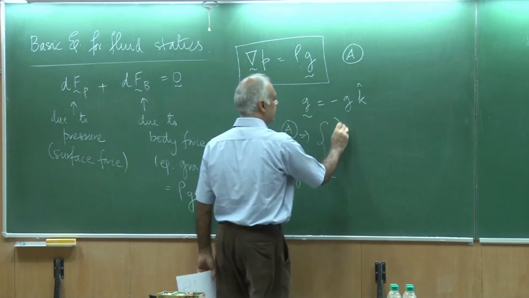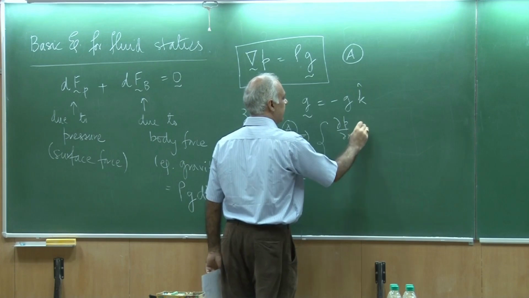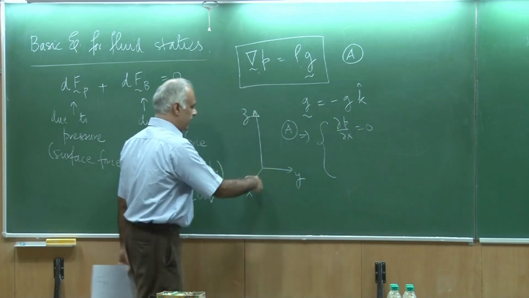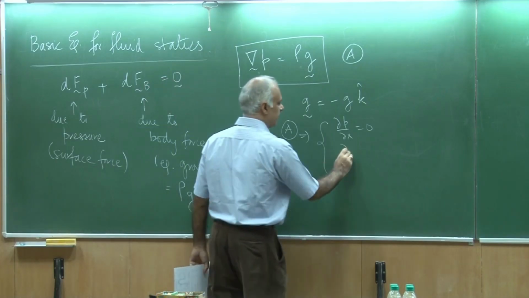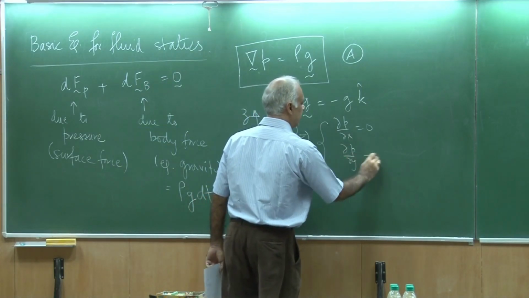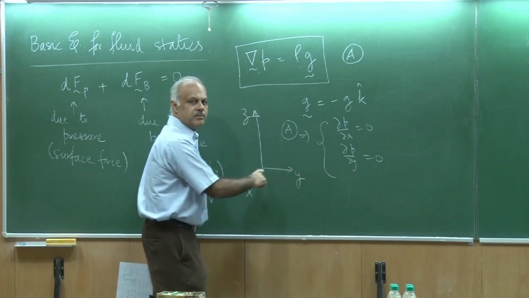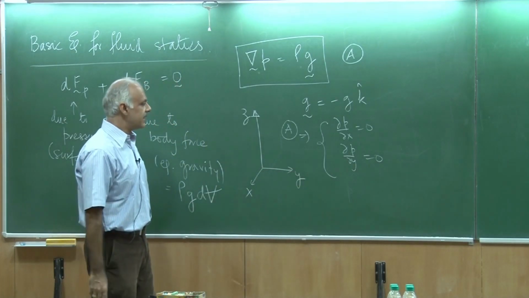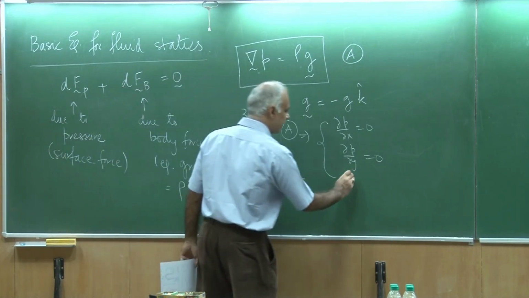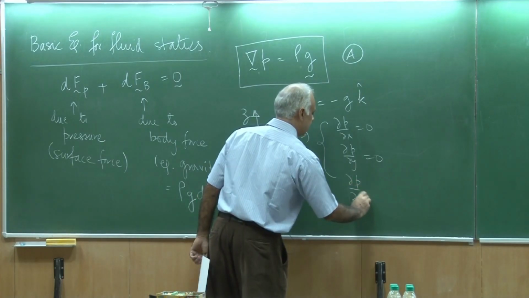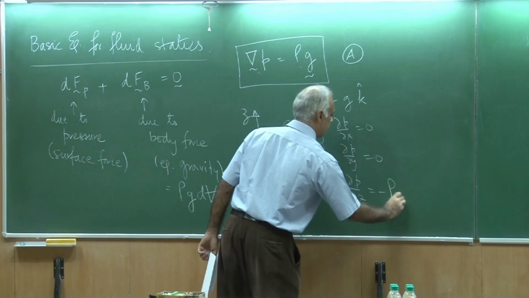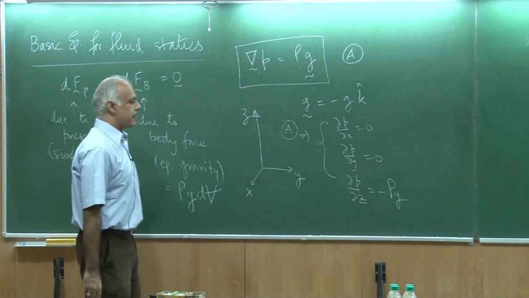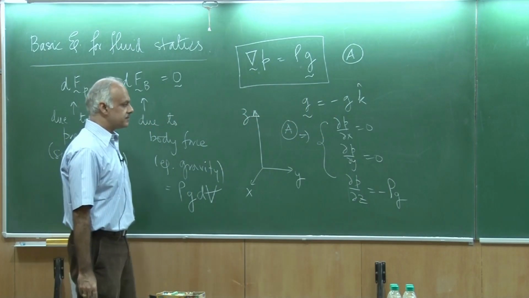The first equation is del P del x is 0, so there could not be a pressure variation in the x direction. Similarly, del P del y is 0, so there cannot be a pressure variation in the y direction, but there would be a pressure variation in the z direction, and that would be minus rho times g. Okay.